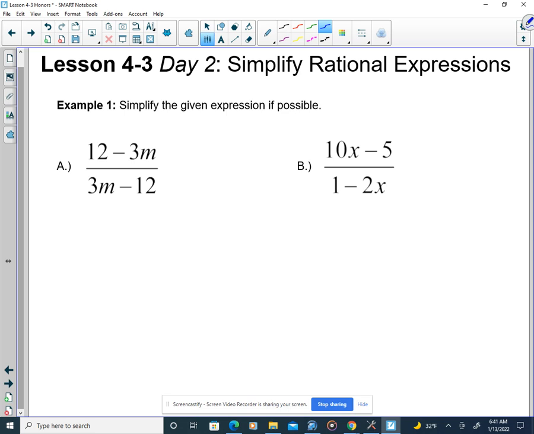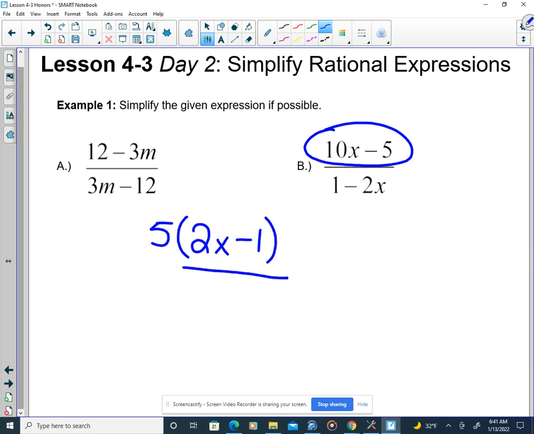So on top, my numerator has a GCF of 5. So I can factor out a 5 on these two terms right here. So I'm going to get 5 times the quantity 2x minus 1. Now if you look at the denominator, 1 minus 2x, it doesn't have a GCF. So you can think of this expression as prime.